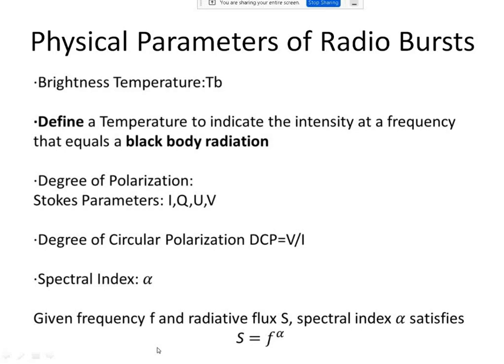Given a frequency F and the radiative flux S, the spectral index alpha satisfies this equation, which means if we take the log of both sides, we can divide log S over log F.